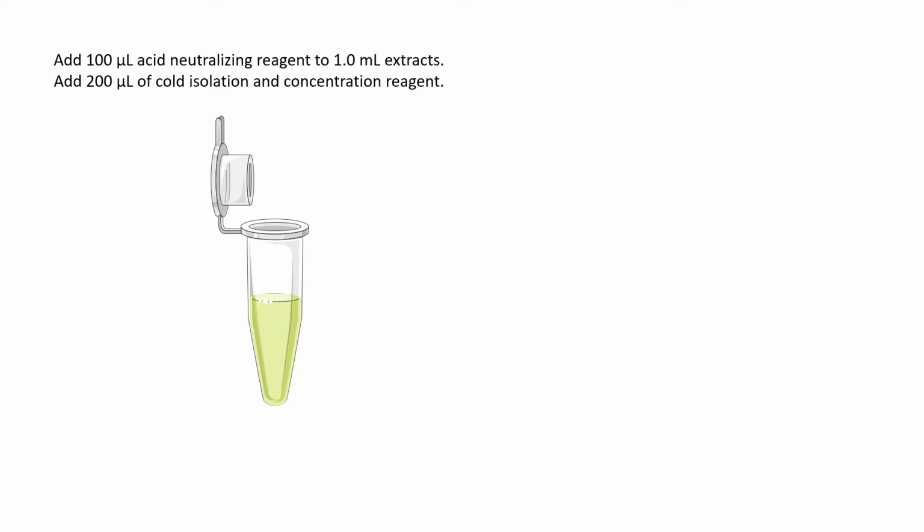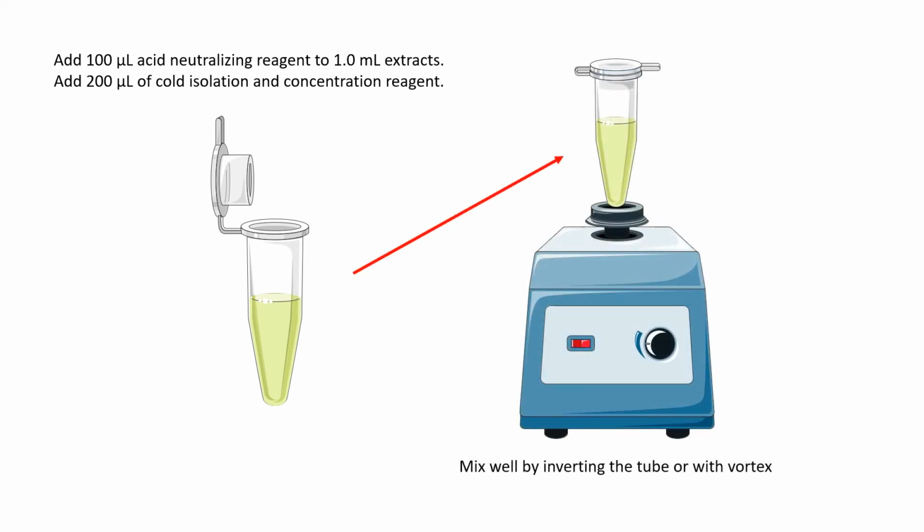We are done with our extraction of the collagen, and we want to stop any further reactions that may occur within these tubes. To enhance the neutralization further, we can also mix the tubes well by inverting the tube or by vortexing the tube using an agitator.